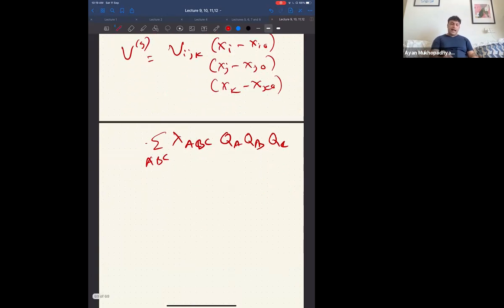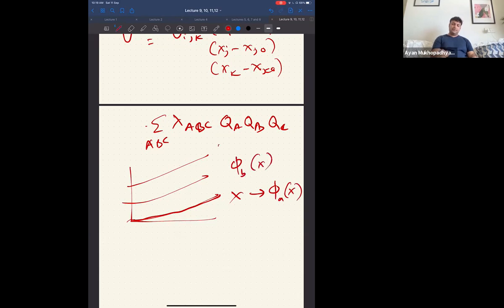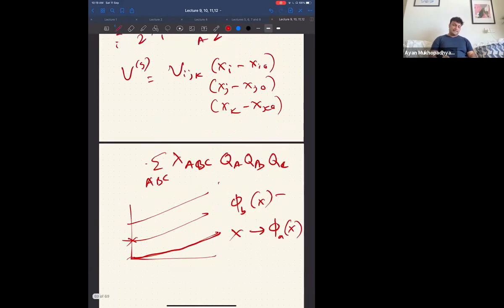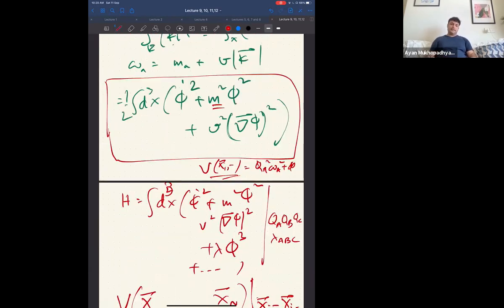And now if I go back, you see that, okay, I have all these dispersion modes. So somehow I take only the lowest one, I retain only this, and this becomes a field, right? Phi(x). So I will call this a field phi_A(x), and this will be a field phi_B(x), and so on and so forth. Each will have a mass term, which is simply this. This mass term is something that is appearing here in the first sum, right?